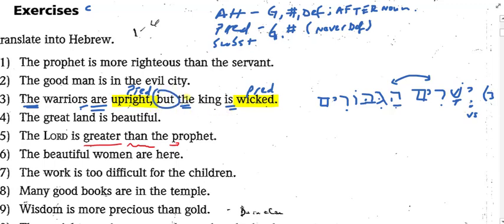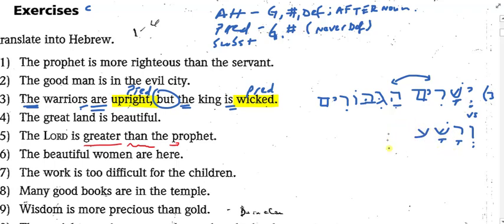Now, what do I use for but in Hebrew? I'm going to use the conjunction vav. And then I could either put the king or wicked first. It doesn't matter. Let's go ahead and do the predicate adjective first, just because we did it that way here. So what's the new word for wicked we've just learned? Okay, Rasha. Double kamets and an ayin at the end.